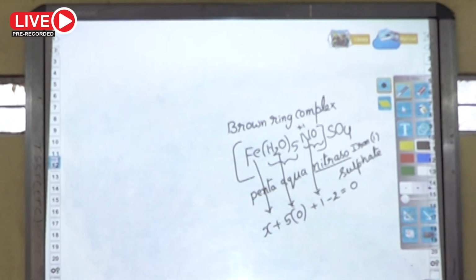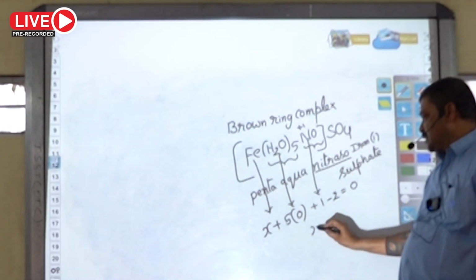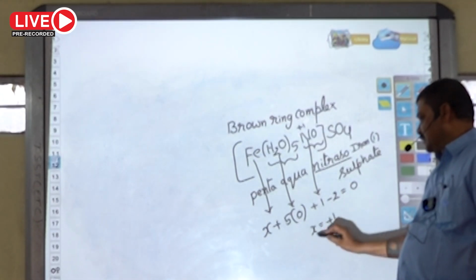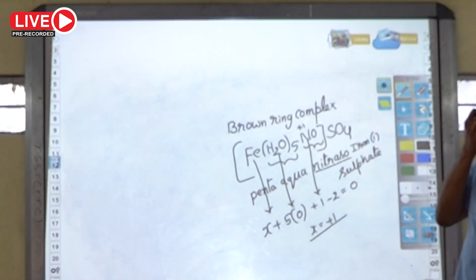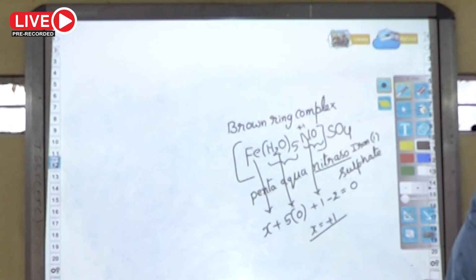Sum of the oxidation numbers of a neutral molecule must be equated to 0. From this you will get a value of x as plus 1. So this is iron's oxidation number +1.